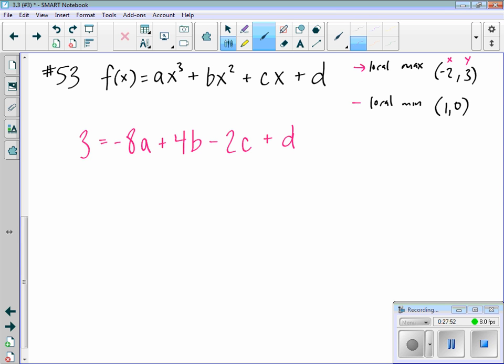Now we're going to do the same thing with this one. So we've got 0. Plug in for x, so we just get what? A plus, so all of them will just be 1 with them, right?